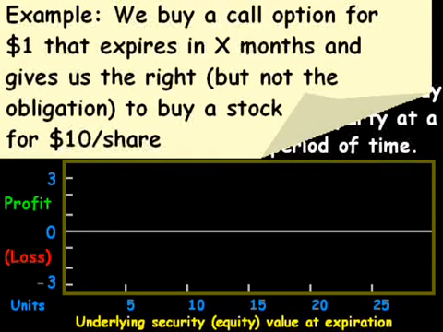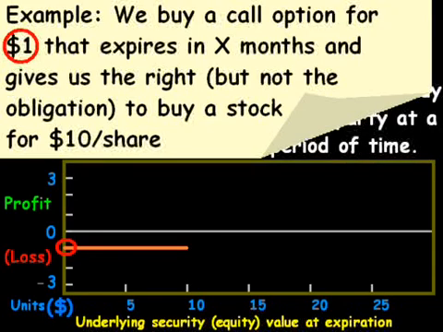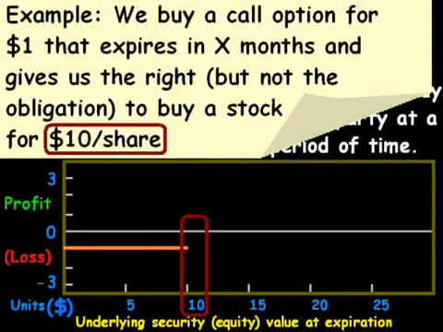So I'm going to change my units here to dollars, and we're going to do a profit loss diagram here. To start off, we have the loss, and that is $1, and that is for any time the price of the underlying security or the equity at expiration is less than $10, because that's our exercise price right there.